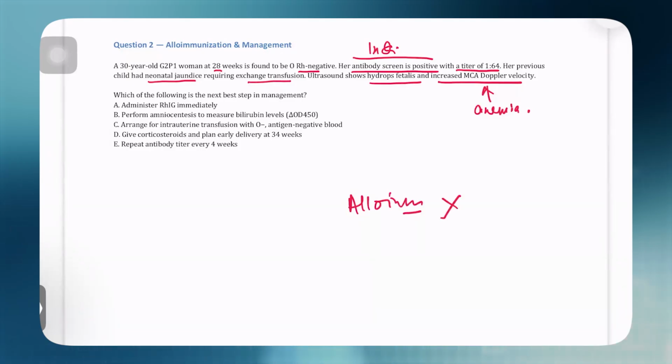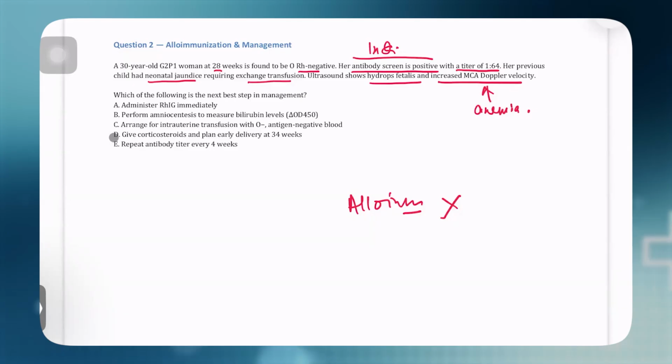The purpose of RHIG was not to let the exposure happen. Now the exposure has happened. The lady already has antibodies. So if you are going to give more antibodies, it is not going to help. She already has enough. So administering RHIG at this moment is not advisable, not recommended.